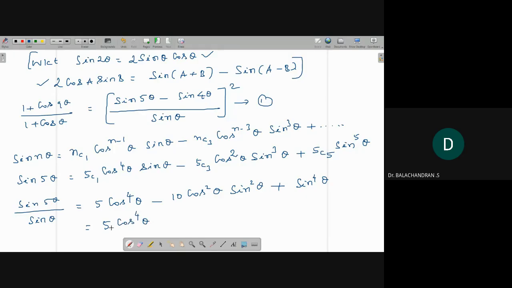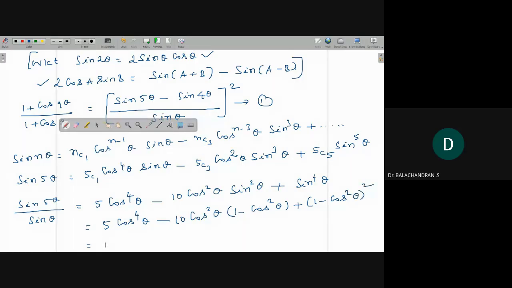So my 5 cos power 4 theta minus 10 cos square theta into sin square theta, what is sin square theta? 1 minus cos square theta. You can write sin power 4 theta as sin square theta whole square, that is 1 minus cos square theta whole square.